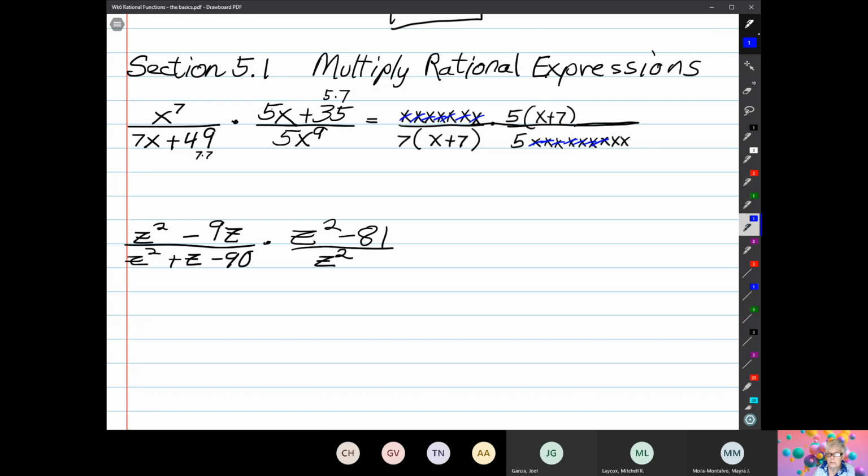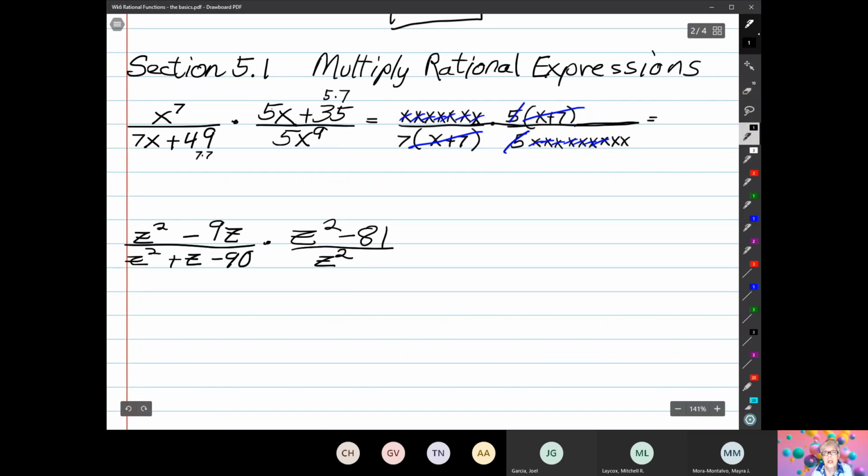And I see an x plus 7 here and an x plus 7 here. They cancel each other. And I see a 5 up there and a 5 down there. They cancel each other. Now I have nothing left on top but a 1.